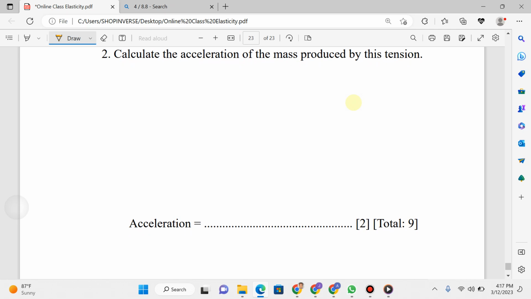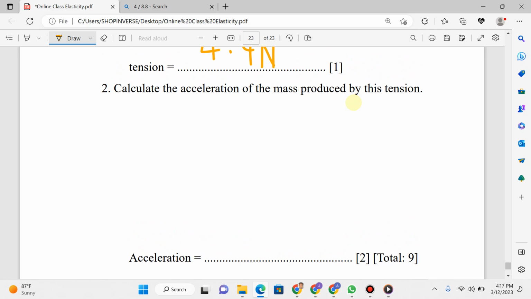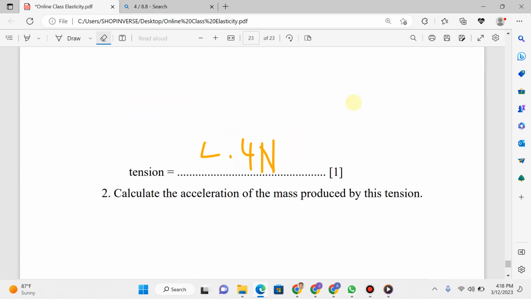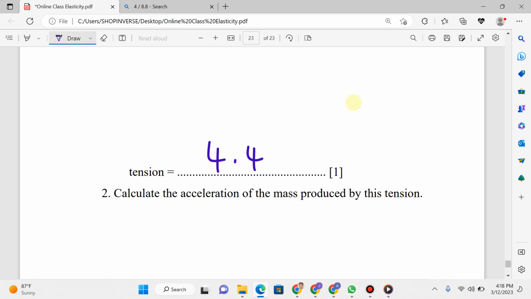Now calculate the acceleration of the mass produced. How do you get acceleration? I'm not using color orange to write, let me fix this. So your tension is 4.4 Newton.